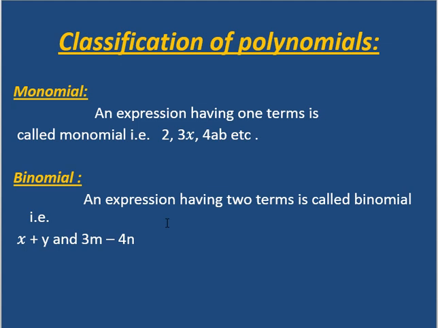An expression having two terms is called a binomial. Here you can see x plus y. This x is the first term and plus y is the second term. We have two terms, so it is called a binomial. Here also we have two terms. 3m is the first term and minus 4n is the second term.